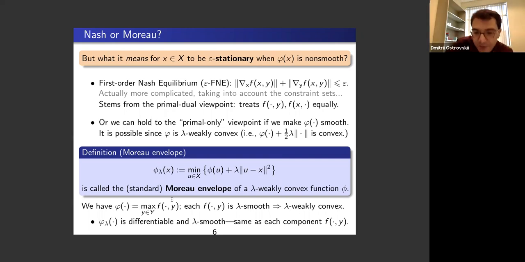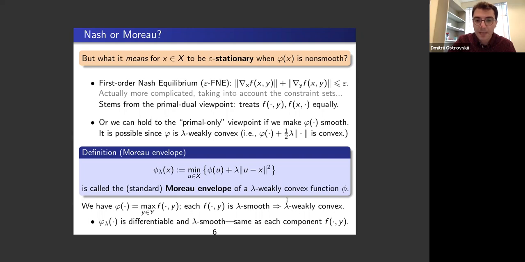But the point is that this function will actually be differentiable and, moreover, lambda smooth. So it will not have any sharpness in it, essentially. And moreover, lambda smooth, the same as each component of the initial function, with this constant 2 here.